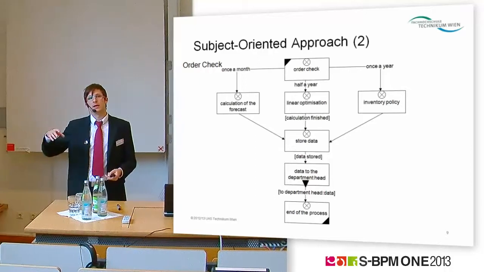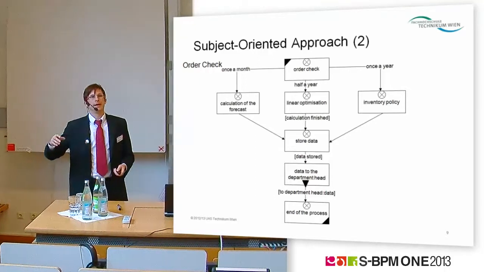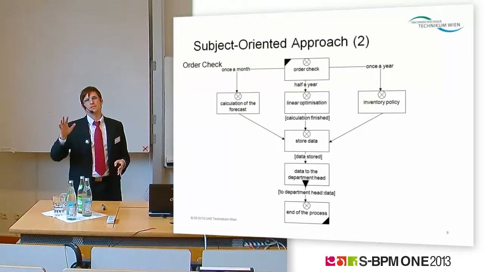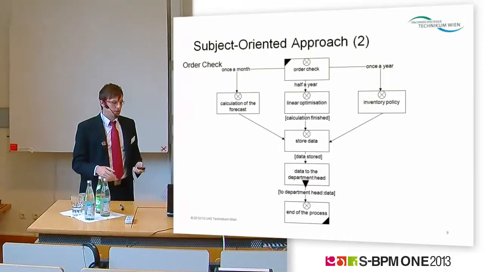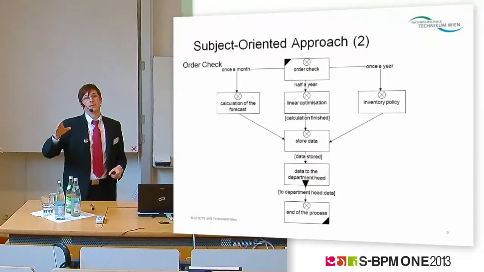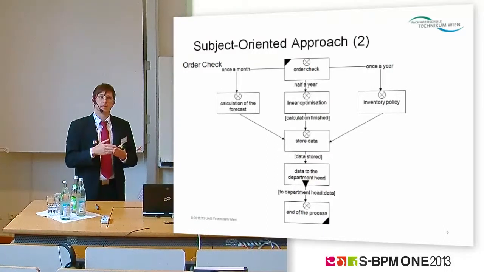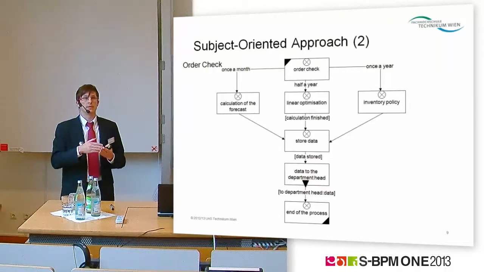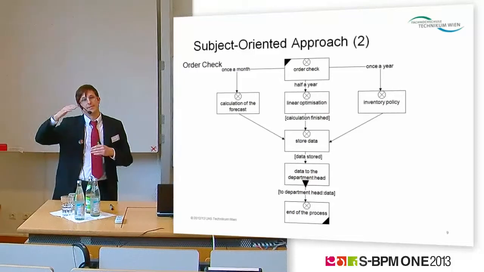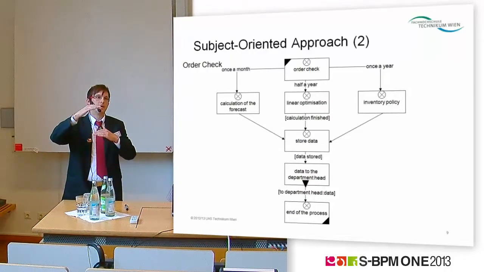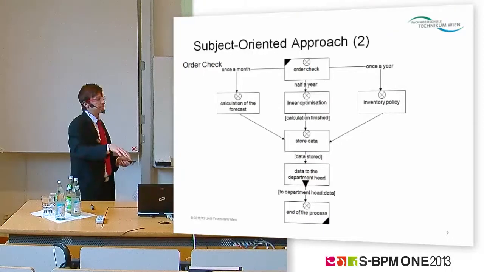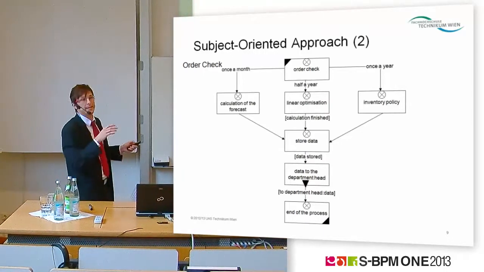These products are supplied to the company, and the delivery time of these products is a maximum of two days. So I thought about implementing a reorder point system. When the amount of a product or item reaches a certain point, then a determined amount of this product is reordered. And this inventory policy is updated once a year.